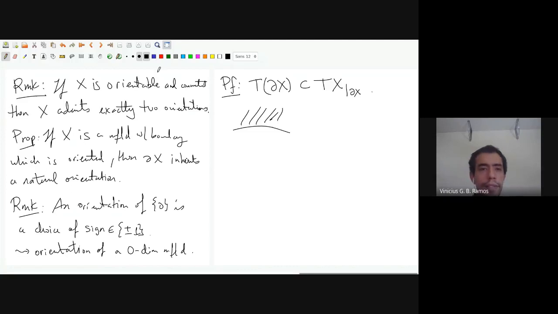Let me draw a picture. If I take a point on the boundary, then this is the tangent space to the boundary, and the tangent space at that point to the manifold has the same dimension as the manifold itself. So this is the picture: Tx of the boundary is contained in Tx of X.